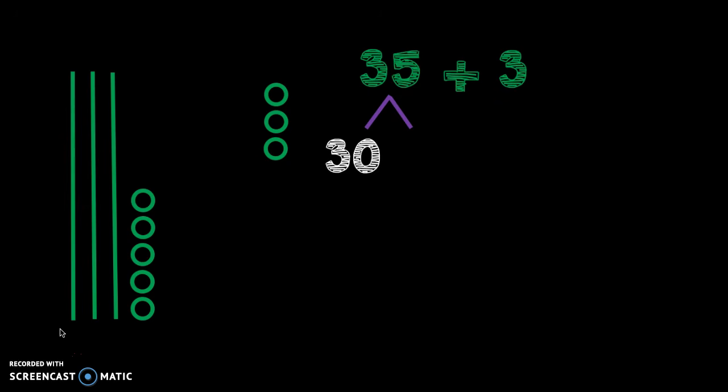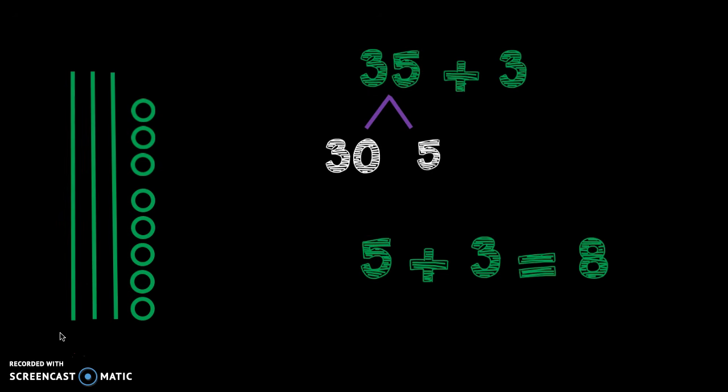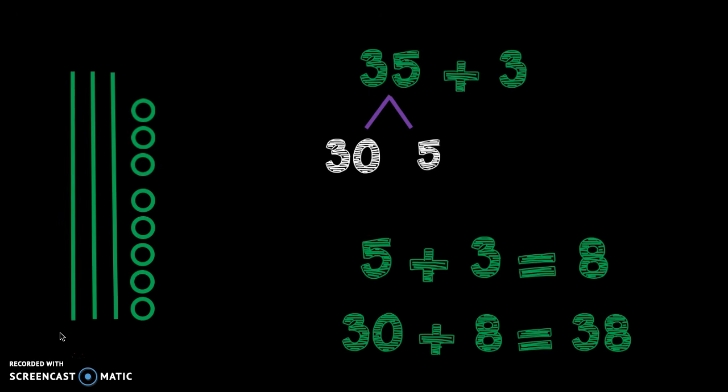And then the other part would be the 1s, which is 5. Now, I'm going to join in the 3 to the 5, so I'm going to write my good number sentence. 5 plus 3 equals 8. Now, I've added my 1s, so I need to add, you're right, my 10s. 30 plus 8 equals 38. So 35 plus 3 must equal 38.